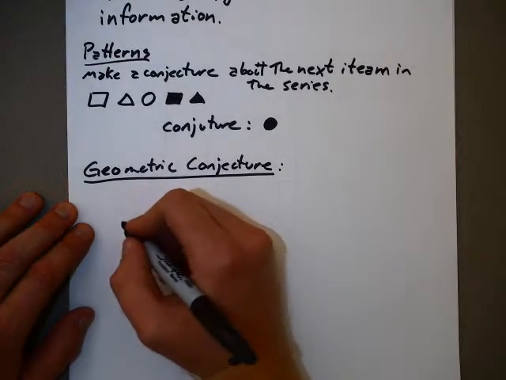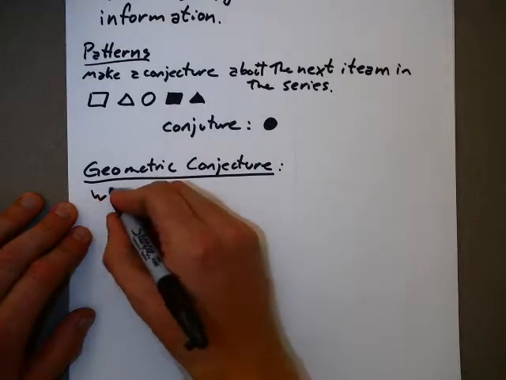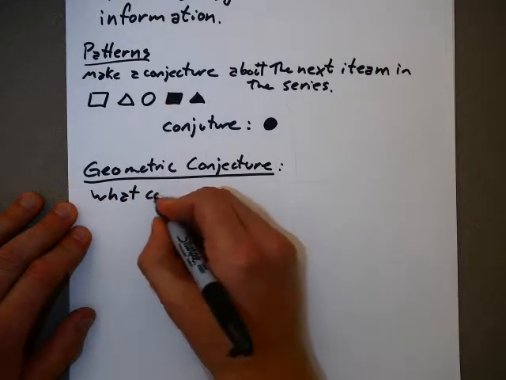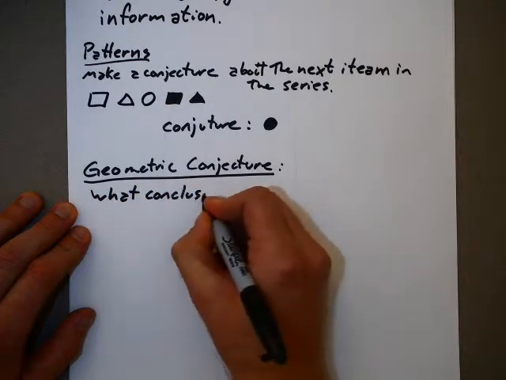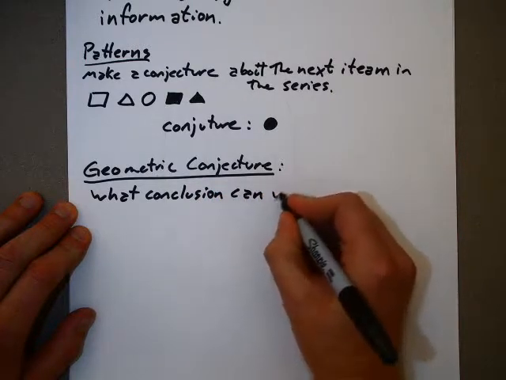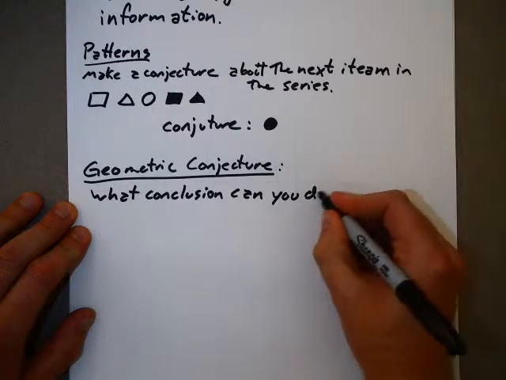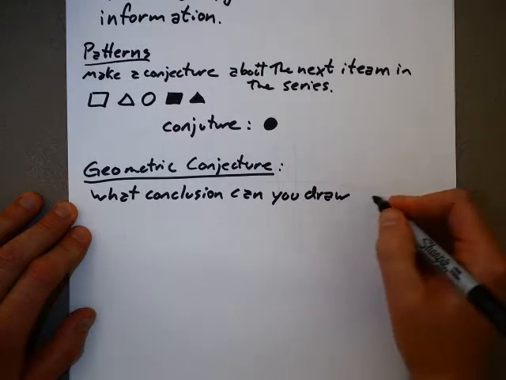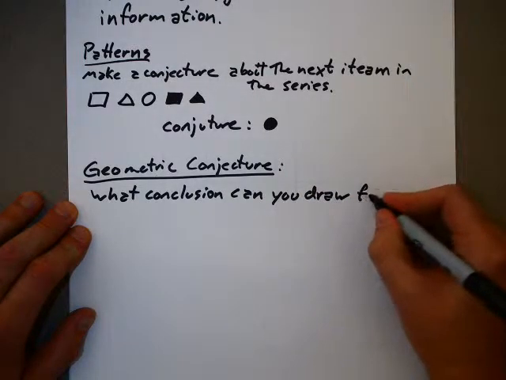Geometric conjecture is when they would ask you something like this. What conclusion can you draw from the given information?